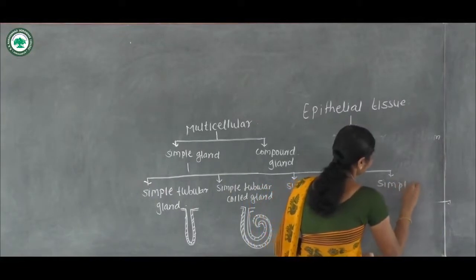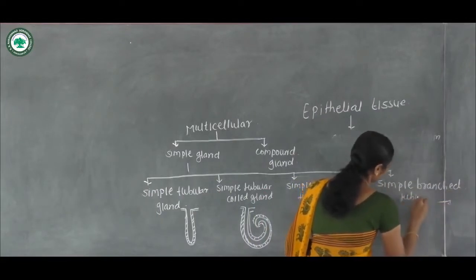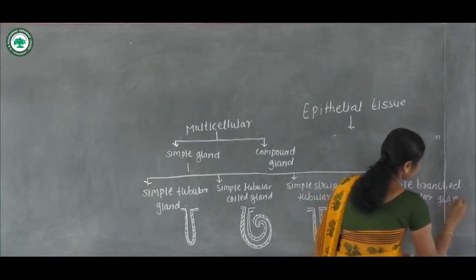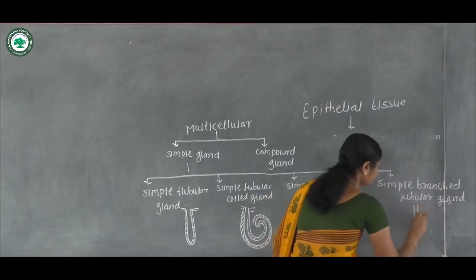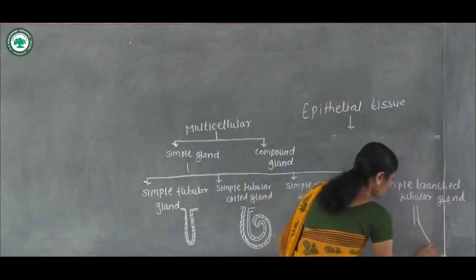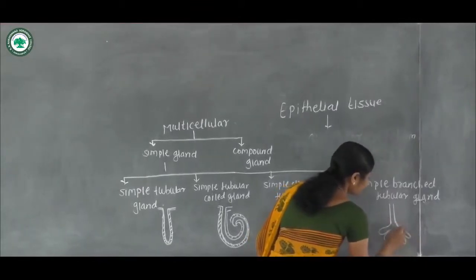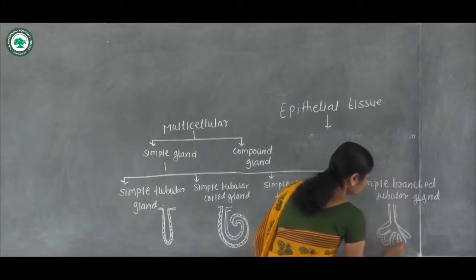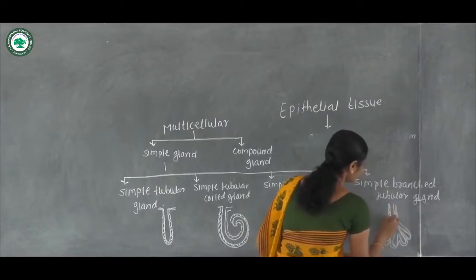Next type is simple branched tubular gland. In these glands, the deep portion of the gland has different branches, and these open into a common secretory duct.